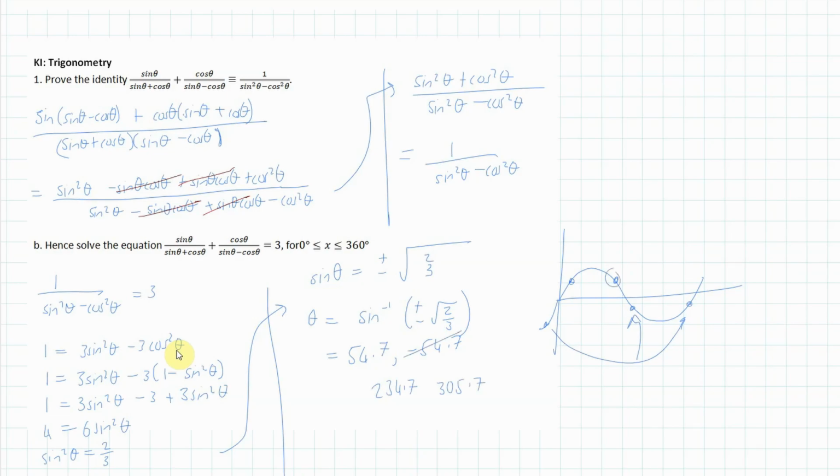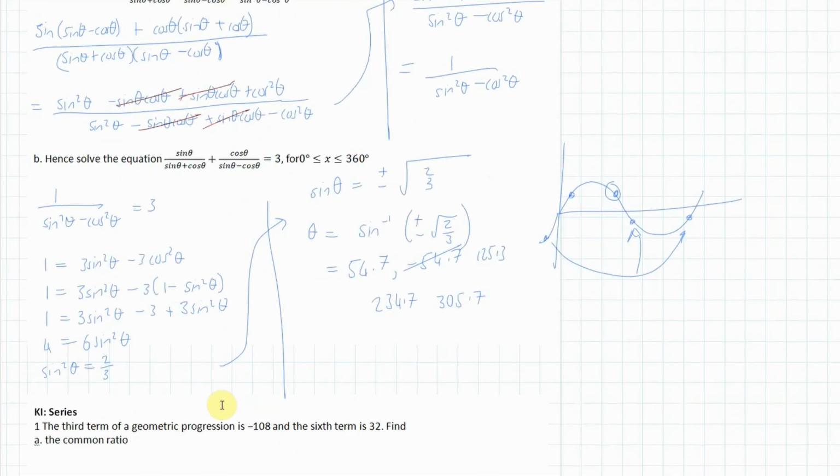And then this one here is going to be 180 minus 54.7. So it should be 125.3. I think that's all good. Yeah, I think that should be fine. Alright, and there we go, moving on.